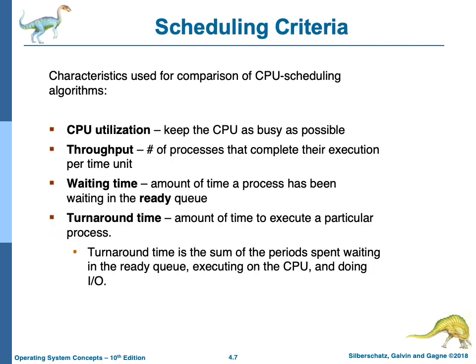And so, as we will see, there's a variety of CPU scheduling algorithms, but all of them have the same common objectives: to maximize the CPU utilization, to maximize the throughput, which is the number of tasks or processes that we can complete per time unit, to minimize the waiting time, which is the time a process has spent in the ready queue without processing, and to minimize the turnaround time, which is the total time that a process has spent in the system since arrival all the way to departure.